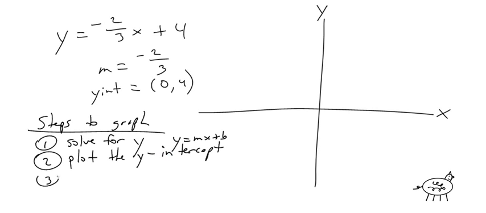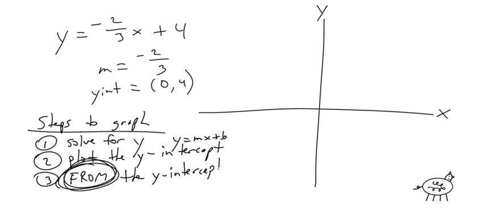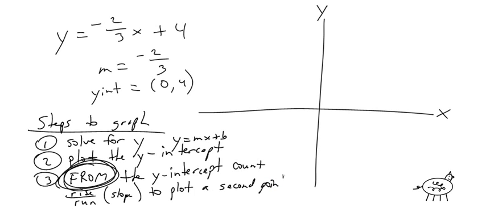Okay? The third step, and this is huge, is from the y-intercept, count the rise over run, which is the slope, to plot a second point.